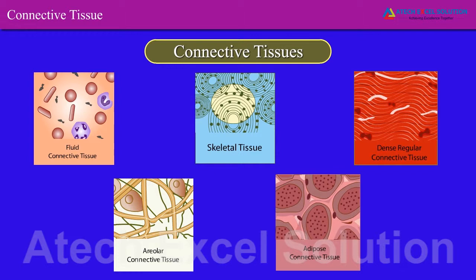In animals, there are 5 types of connective tissues. They are fluid connective tissue like blood, skeletal tissue like bone and cartilage, dense regular connective tissue like tendons and ligaments, areolar connective tissue, and adipose tissue.